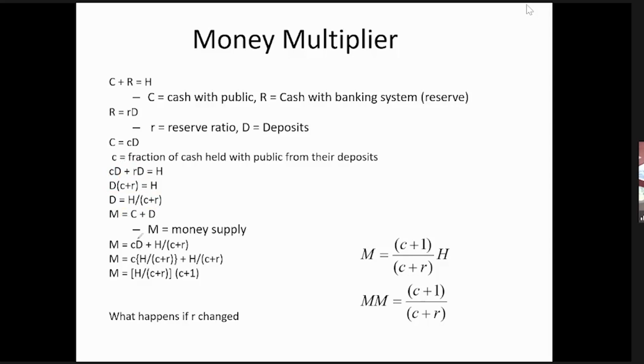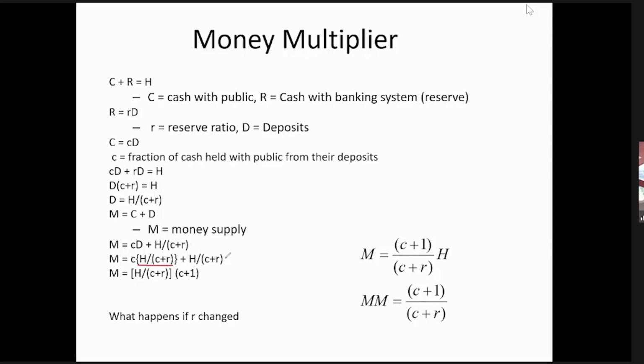C can be written as CD, like this. From here, we can say C equal to CD, and then D is equal to H divided by C plus R from this side. Right? Taking the previous definition, we can write M equal to small cd plus H divided by C plus R. Then again we can make a few more changes: M equal to small c, and instead of D, we can put H divided by C plus R. So this is D times C, plus H divided by C plus R. Right?